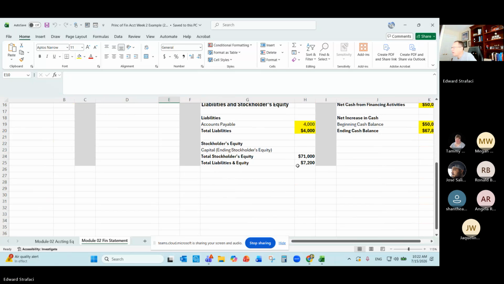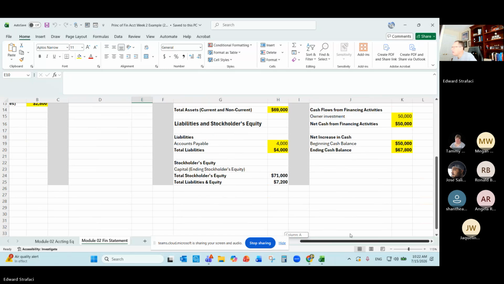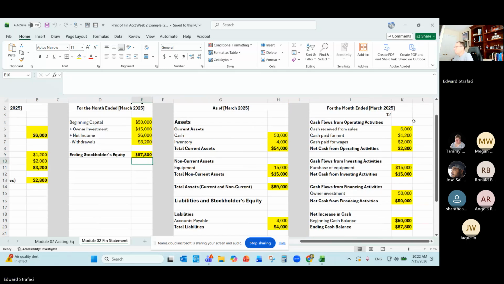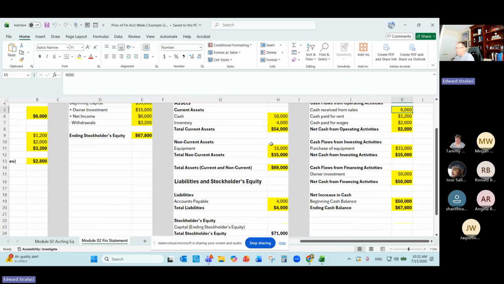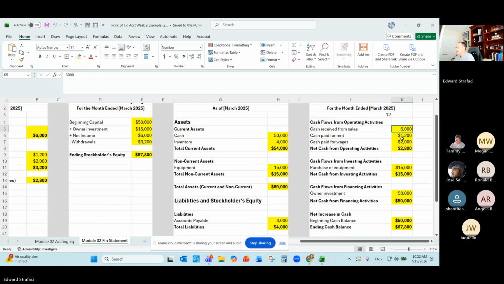Okay? And then finally, you have your cash flow position. So you had positive cash received from sales. You have cash you paid for rent. That's money that came out of your pocket.